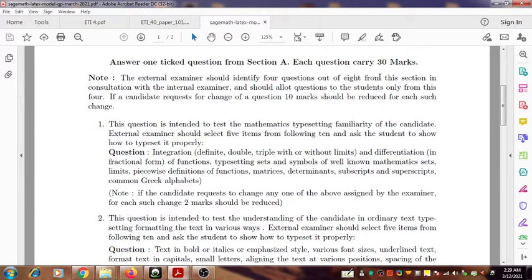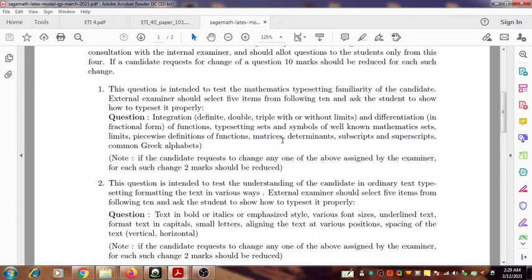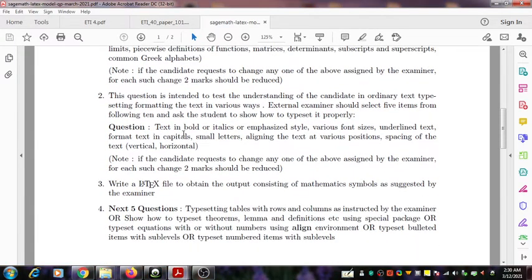That means if you request one change, you will be assessed on a total of 28 marks. So the first part can contain questions belonging to this topic.